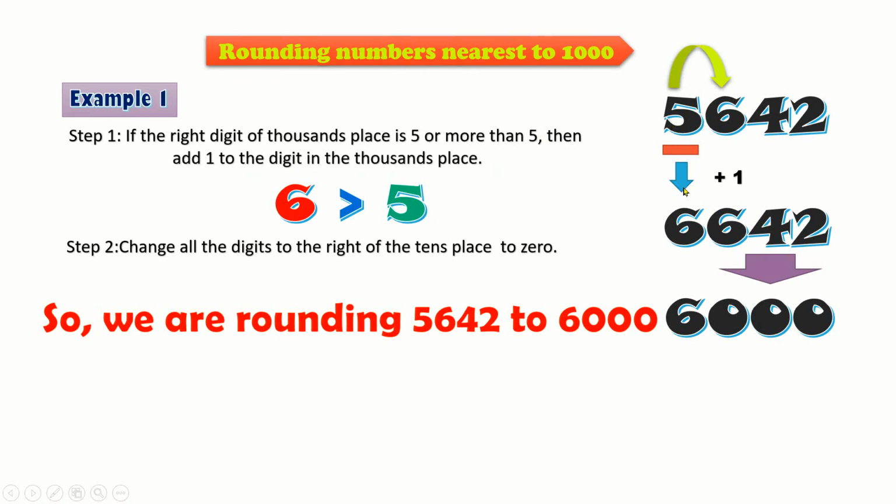So 5 plus 1 is 6. Step 2. Change all the digits to the right of the thousands place to 0. Now we are changing 6, 4, 2 to 0, 0, 0. So we are rounding 5642 to 6000.